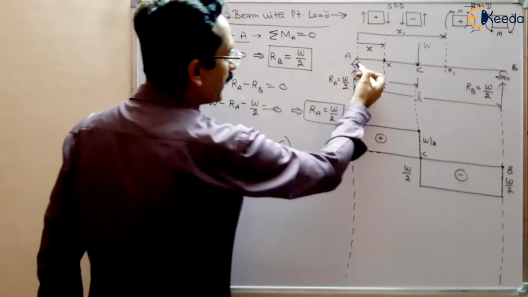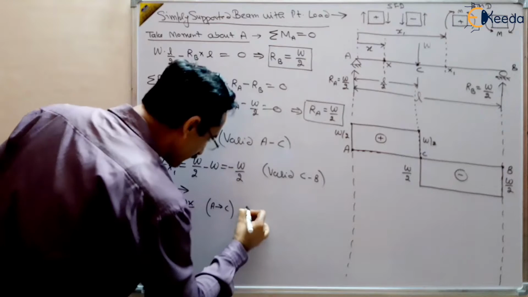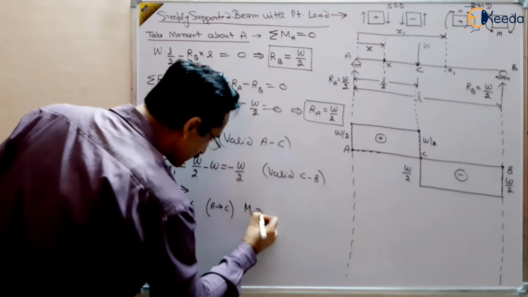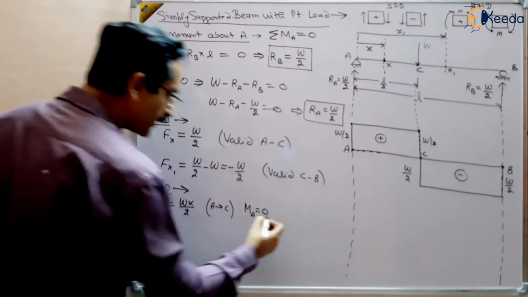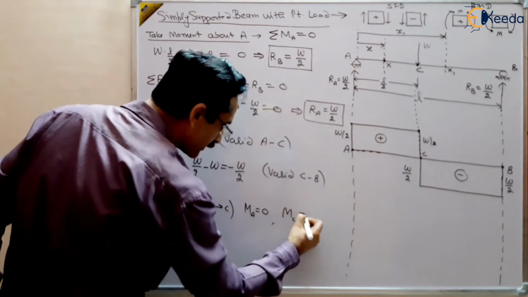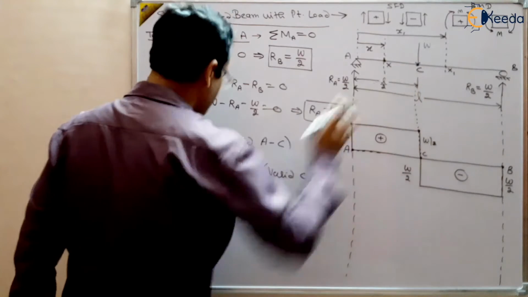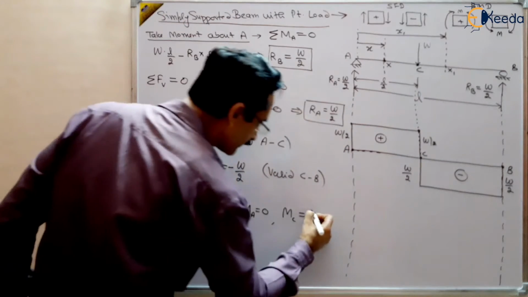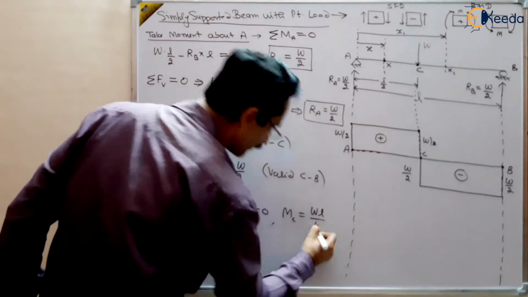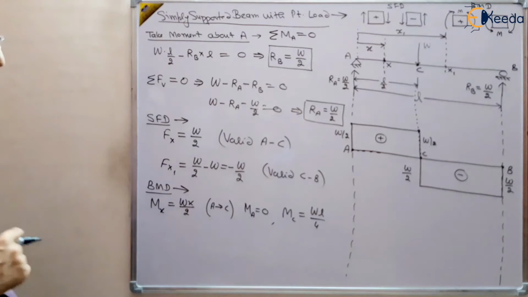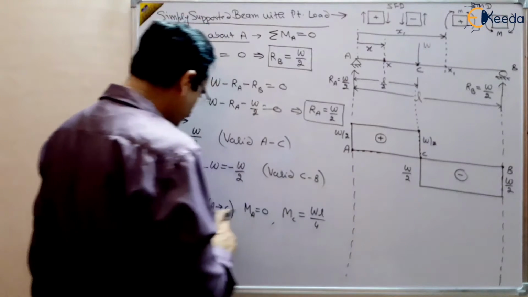If we take the endpoints A and C, so what is MA? That is 0 because x is 0. And what is MC? Length is L by 2 at C. So this will be WL by 4. And both positive, right?